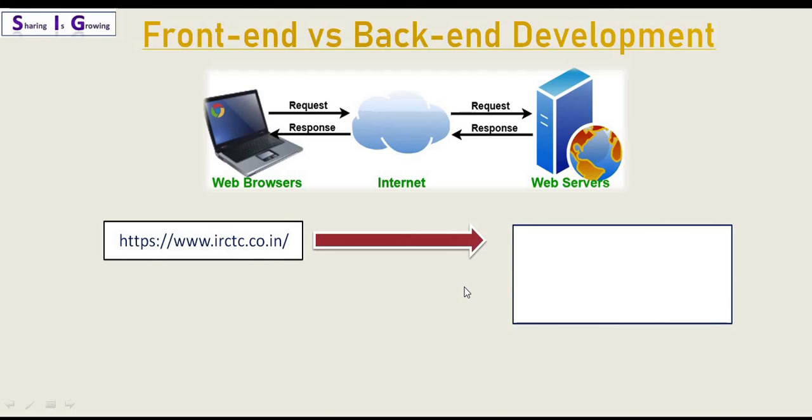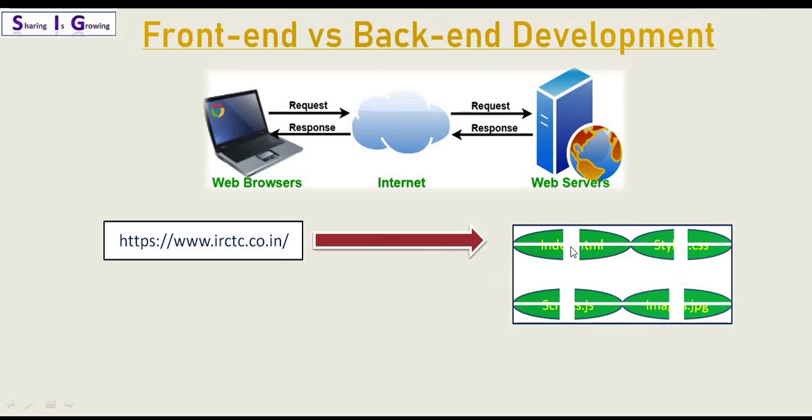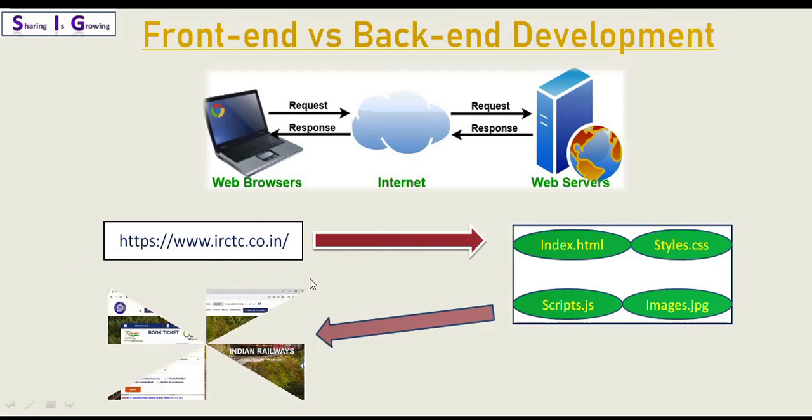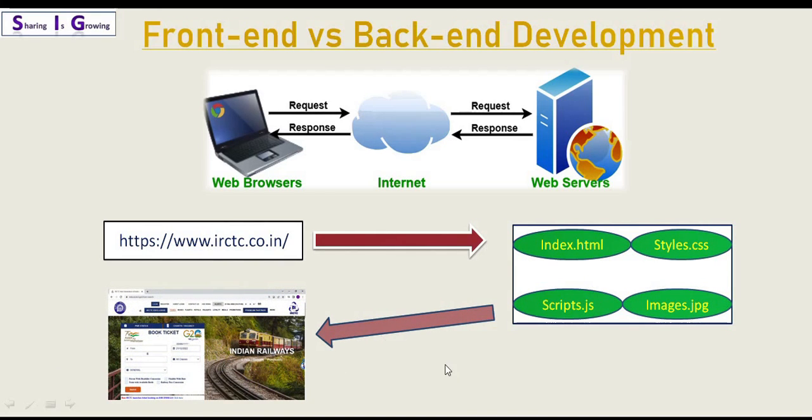If the web server finds all the files like HTML files, CSS files, JavaScript files, and related JPG images, after searching all these files it will give them as a response to the same web browser, and we will get the output based on these files. This is the general thing that happens while you search something on the internet.